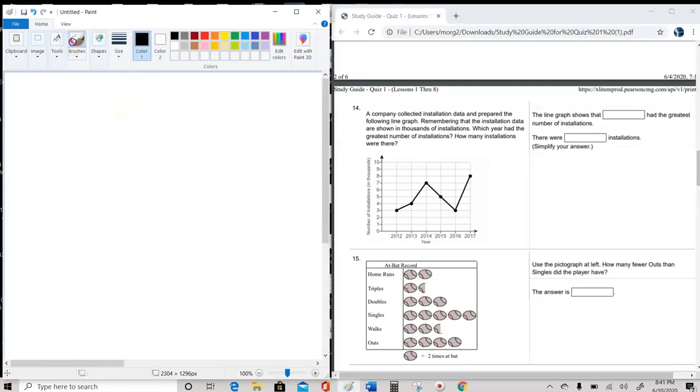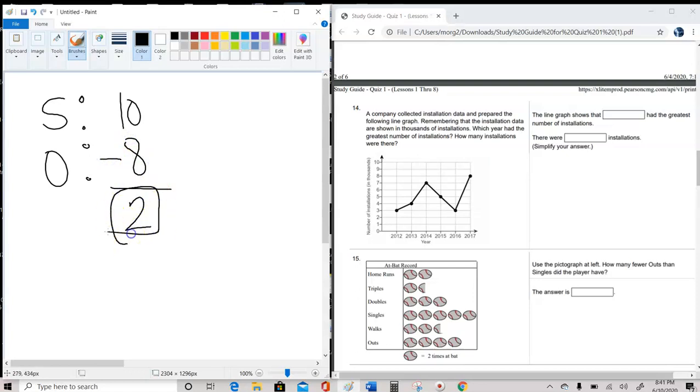So for singles, since we have 5 baseballs, 2 times 5 is 10. Outs, we have 4 baseballs, so 2 times 4 is 8. And how many fewer means subtract? So the answer is 2.